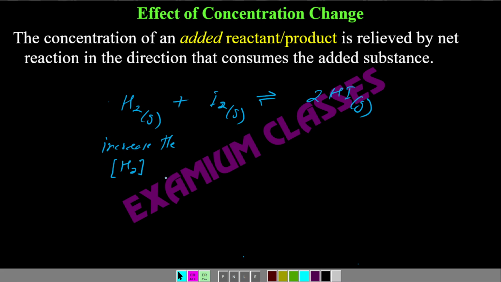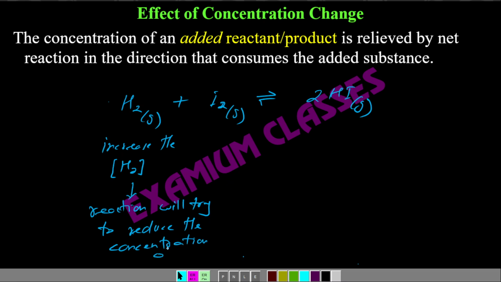When we increase the concentration of hydrogen, the reaction will try to reduce the concentration of hydrogen. How can it reduce?